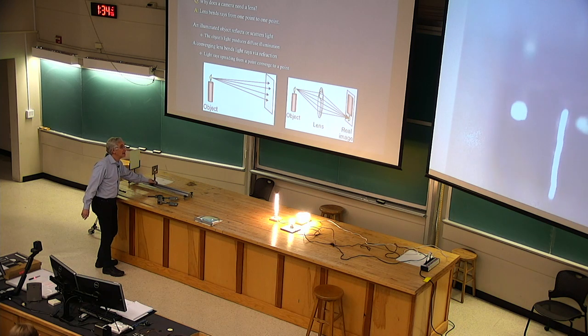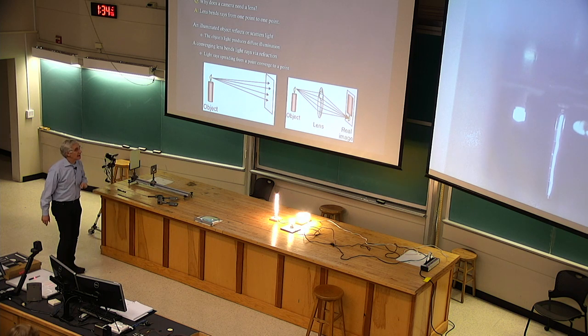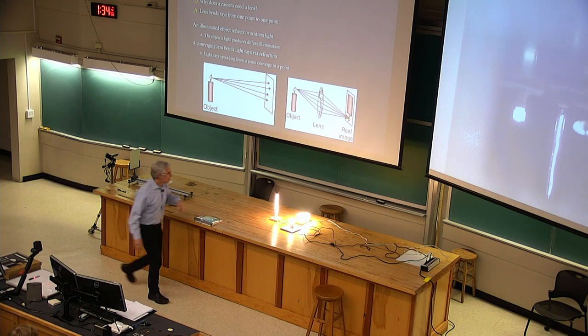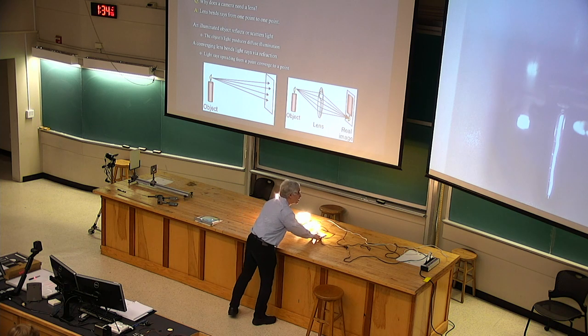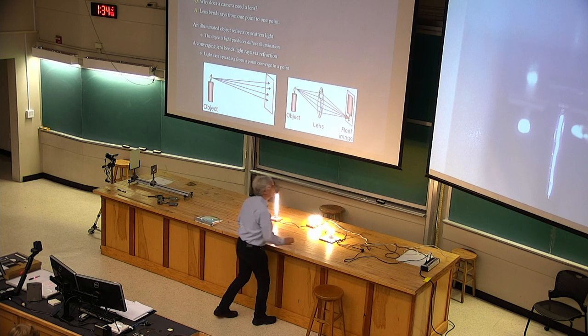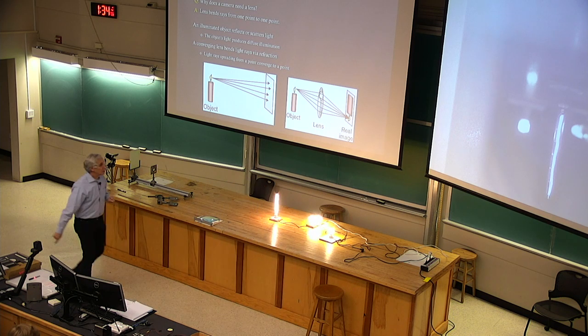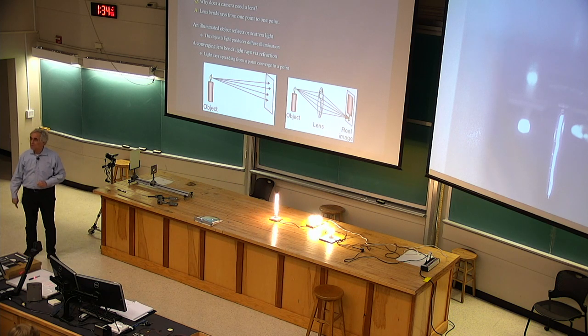I can bring the nearest one into focus. There it is. Okay, so now I have the long vertical filament sharply focused. These guys are too similar in distance. Let me pull that one farther back. I want them to be at different distances. But so the filament is as well focused as I can get it.